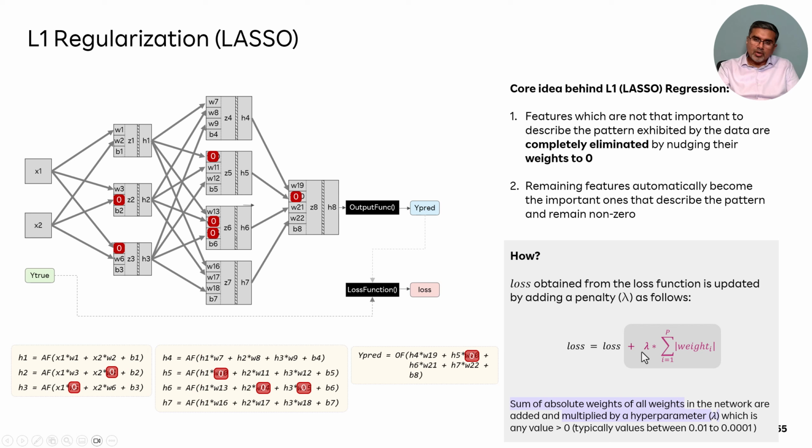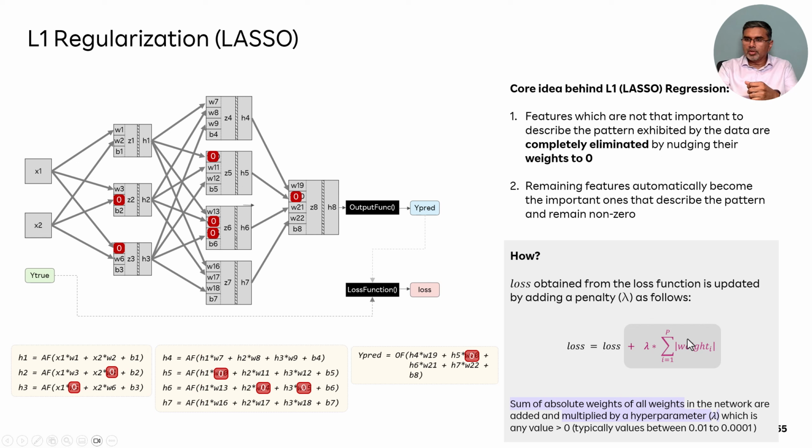Now, a small intuition here, we'll go into more details shortly. The goal of your gradient descent is to minimize loss. When you're adding up all these absolute values of weights, what will it do? Your gradient descent is going to be done not just on this loss, which is coming out of the loss function, but on this loss added with this penalty. It will try to make these weights also go down to zero.